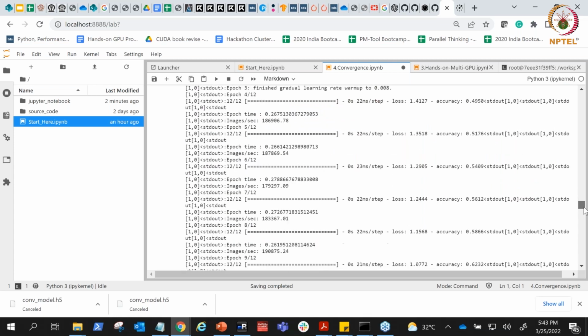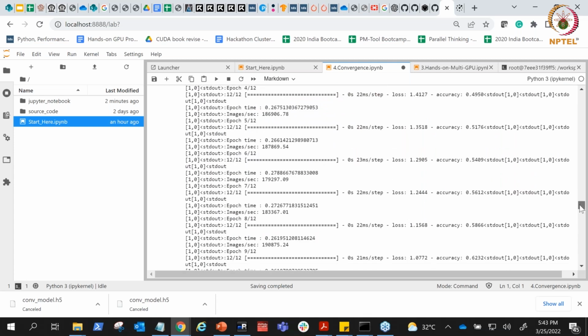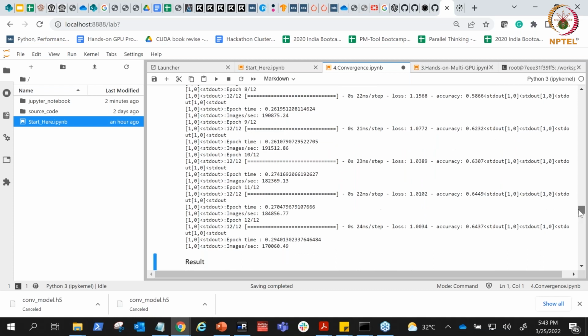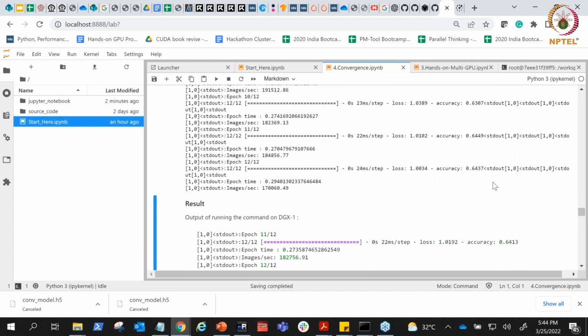If my accuracy is lower, then I have to run for more epochs, which means it is of no use. You can see here the accuracy has now increased from 42 to something like 64 by having the batch normalization. By adding batch normalization, my images per second decreased slightly, but I got more accuracy.